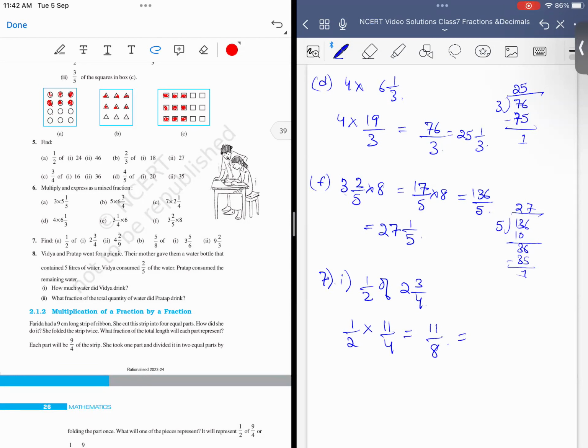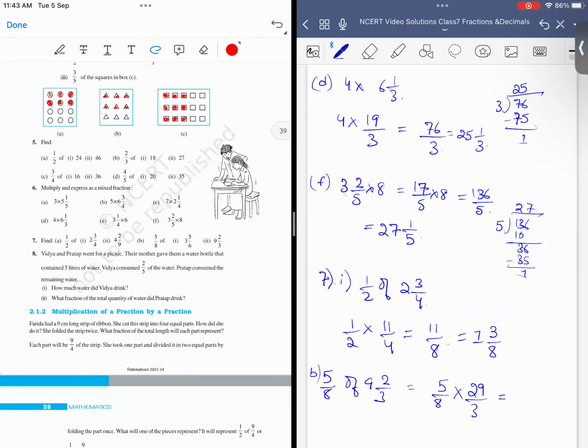It will be what? 1 whole 3 by 8. Okay. Next, let's find out 5 by 8. B part, I mean 5 by 8 of 9 whole 2 by 3. 9 whole 2 by 3 is what? 27 and 2, 29 upon 3. Okay. So multiply it.